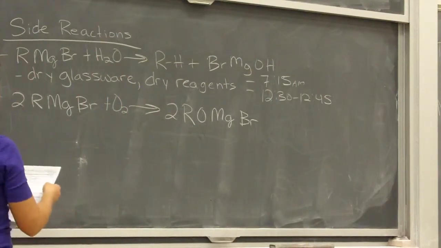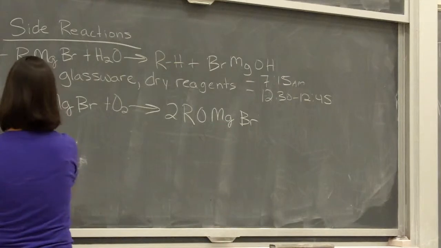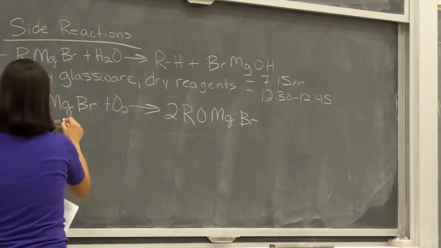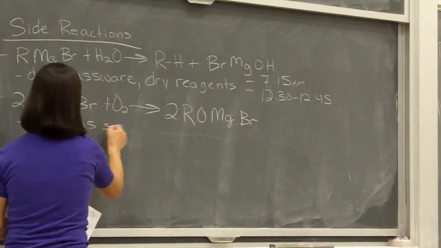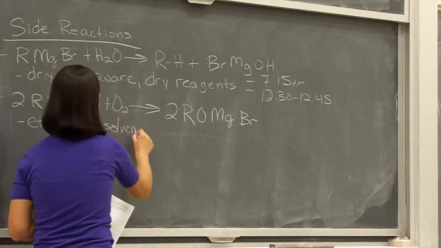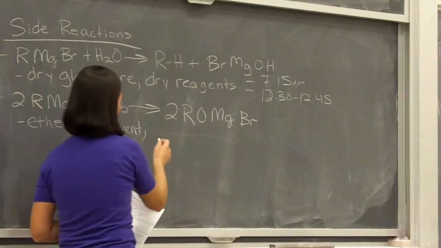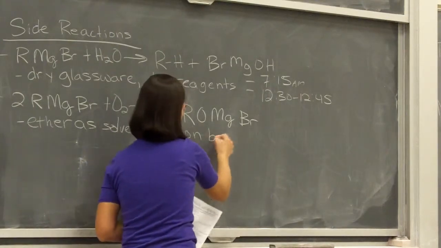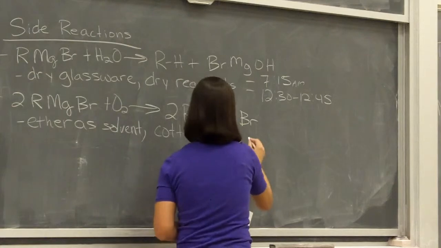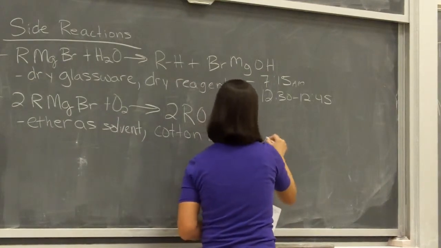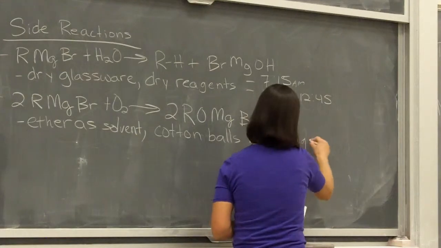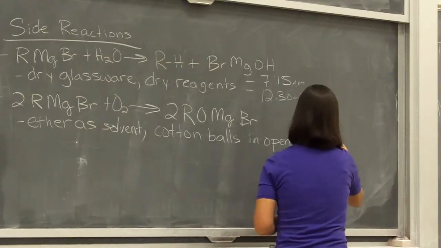And so we're using ether as a solvent to help keep out the oxygen. You're also going to put cotton balls in all of the openings of your glassware when you get it out of the oven to keep it dry and oxygen out.